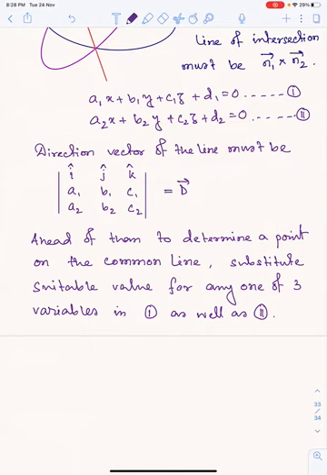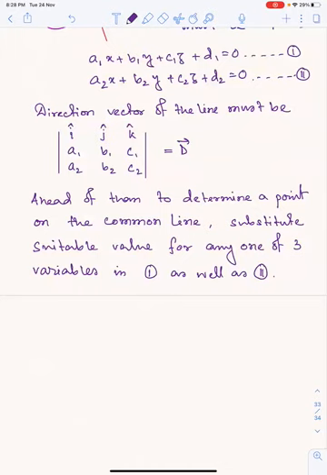So the solution we have got is x equals alpha 1 and y equals beta 1. So that means the line which is common to both the planes must pass through alpha 1, beta 1, 0. And once we have a common point, we can complete our line. Okay. Has everyone followed the example?